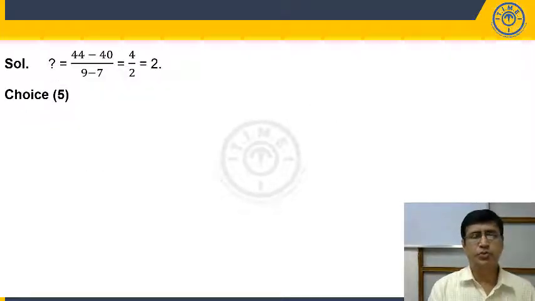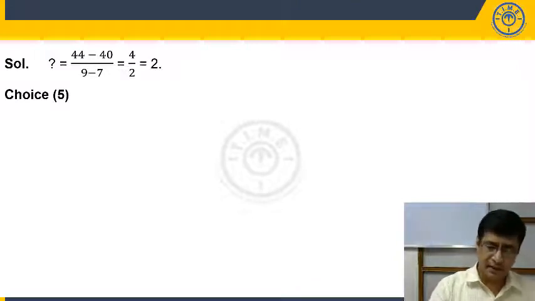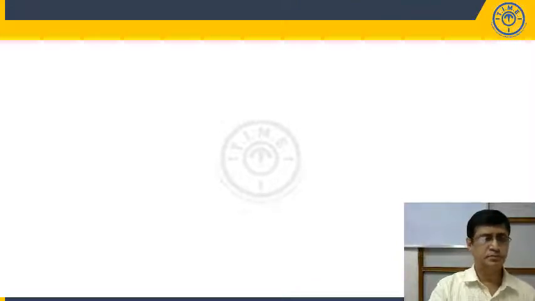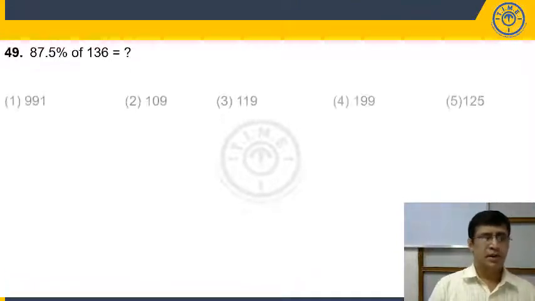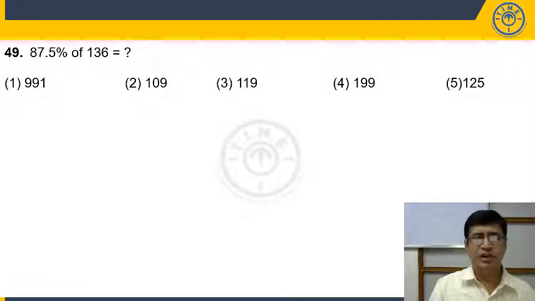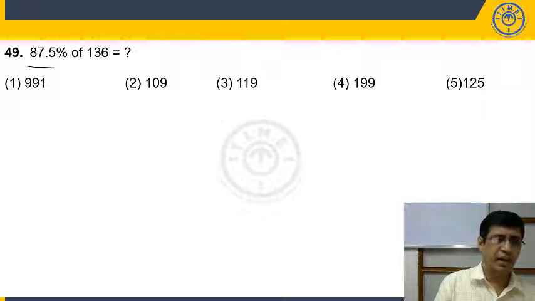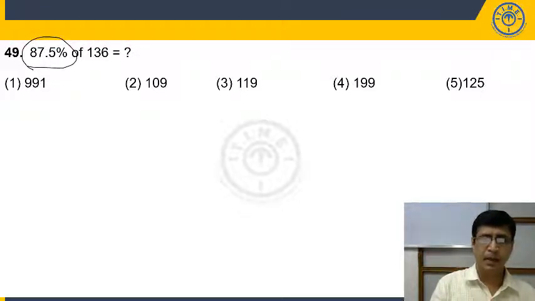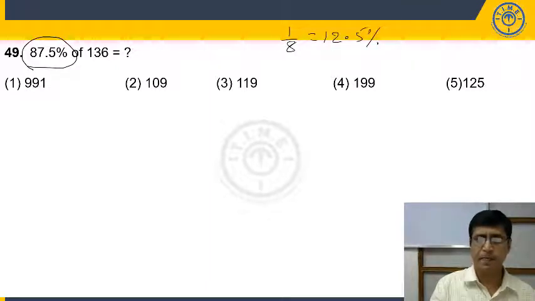Now look at the solution. 44 minus 40 by 9 minus 2. Yes, my dear students, if you are good at percentage values, reciprocal values of the percentages, you can answer this question very easily. 87.5%. Now, what is the value of 1 by 8? 1 by 8 means 12.5%.